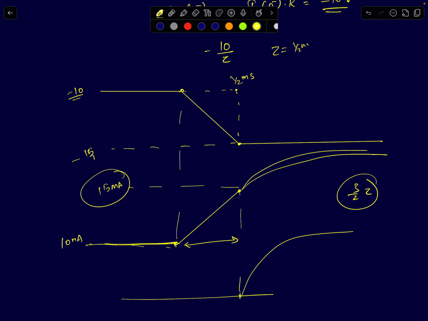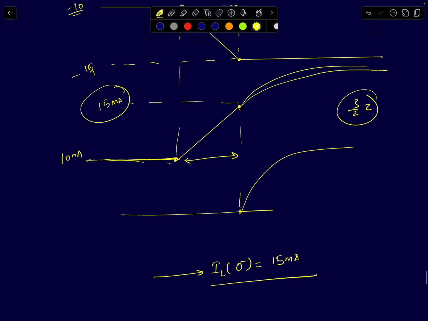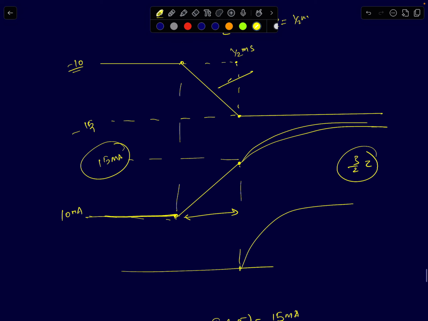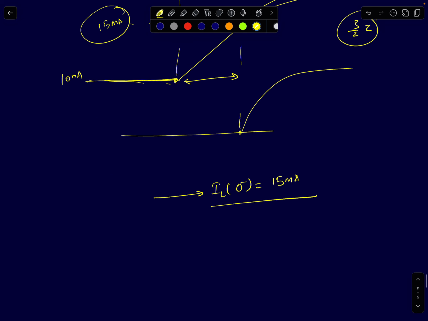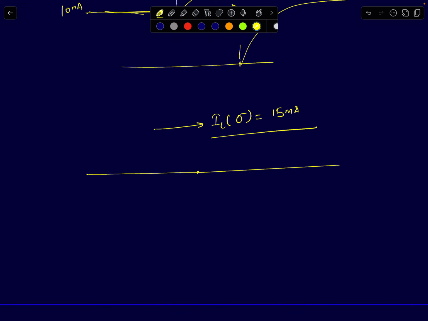In the same way, if I assume your initial inductor current, IL of 0 minus, happens to be 15 milliamperes to begin with, then there will be no linear charging. I mean, there will be no linear increase in the output at all. The output voltage will begin at minus 15 volts, and then it will stay at minus 15, and the circuit will undergo a perfect first order charging even after the step input.